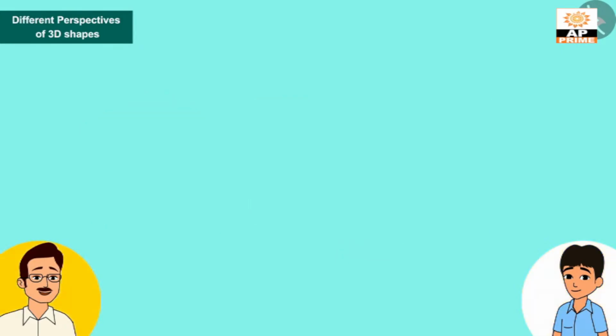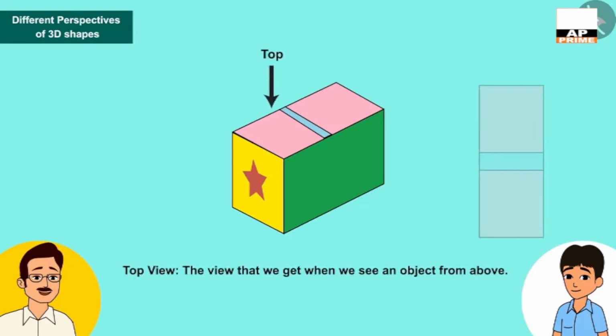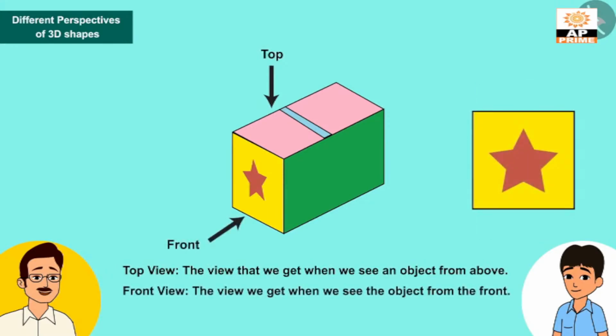Well done. The view that we get when we see an object from above is called top view. The view that we obtain when we see the object from the front is called front view.